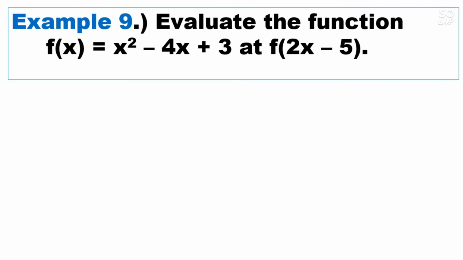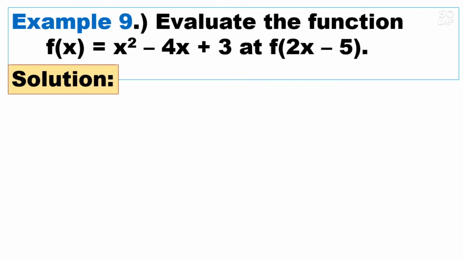Okay, next, example number 9. Evaluate the function f of x equals x squared minus 4x plus 3 at f of 2x minus 5. Okay, and this is the solution. F of x equals x squared minus 4x plus 3. Okay, lahat ng x papalitan natin ng 2x minus 5.